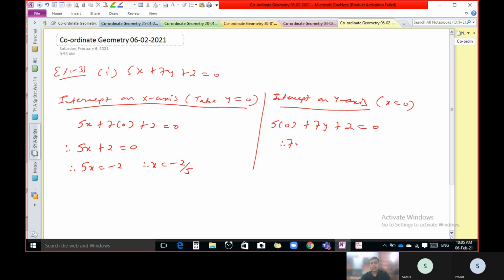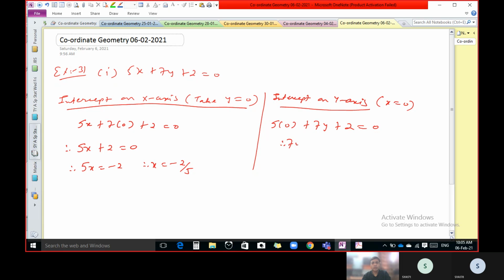So we get the intercept on x-axis is minus 2 by 5 and on y-axis is minus 2 by 7. That is the answer.